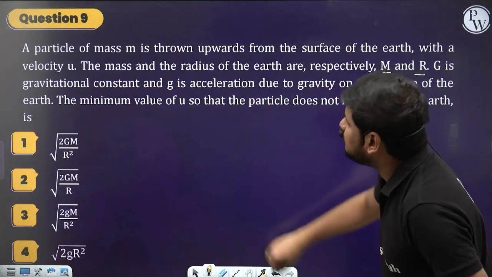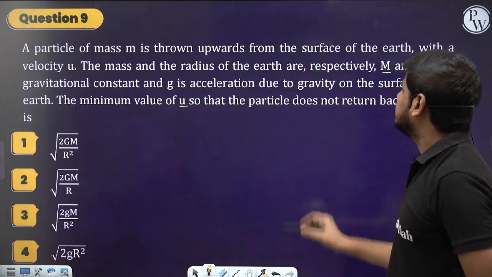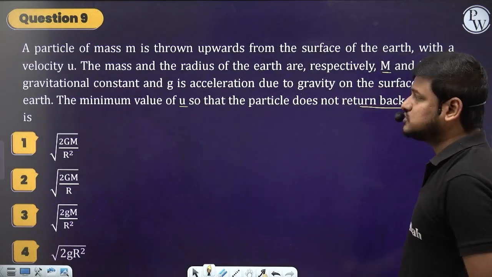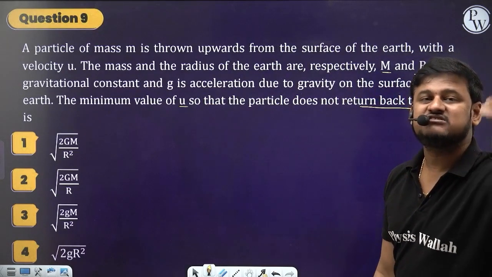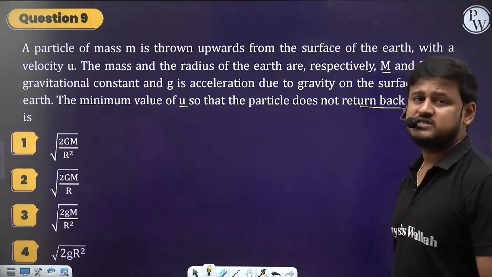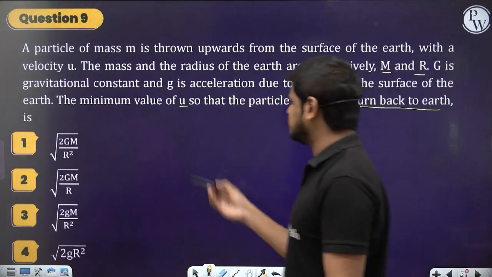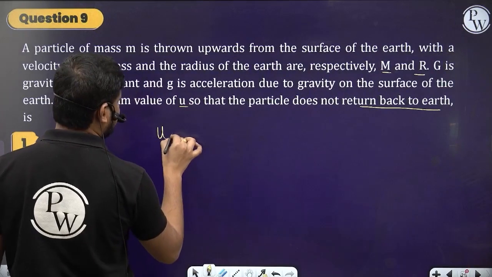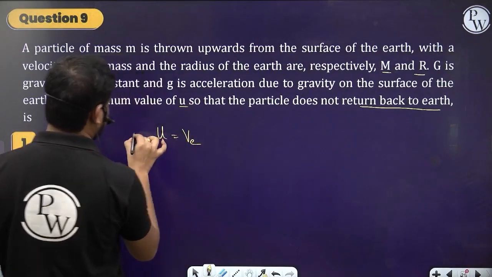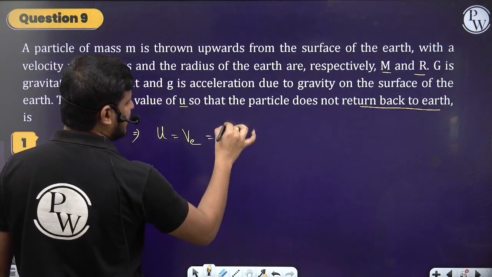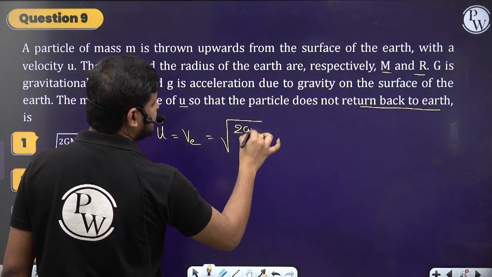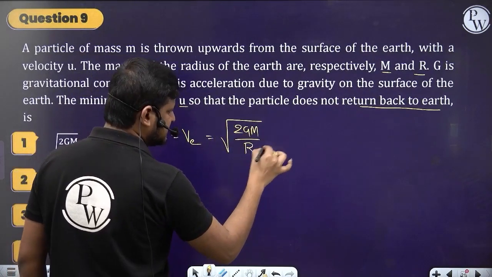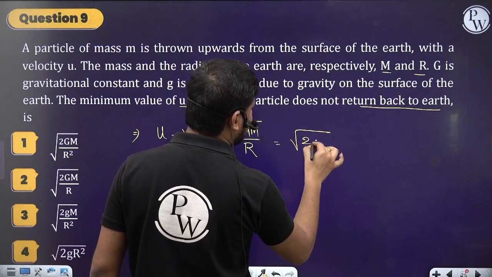The minimum velocity u so that the particle does not return back to earth. That means you should throw it with the escape velocity. So u is nothing but the escape velocity, which is equal to either root over 2GM by R or root 2gR.